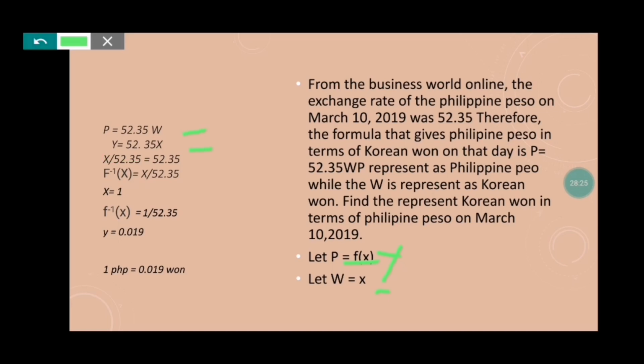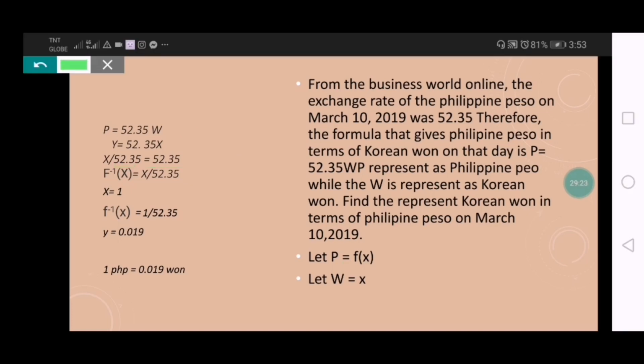So, after we divide, cancel it out, then cancel it out. The remaining will be y equals x over 52.35.